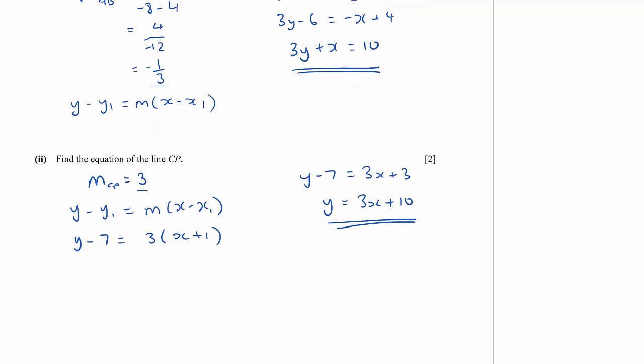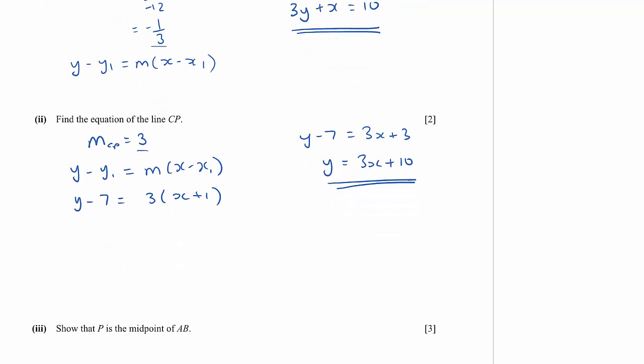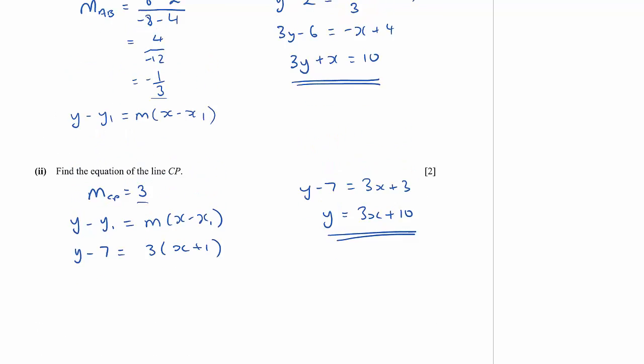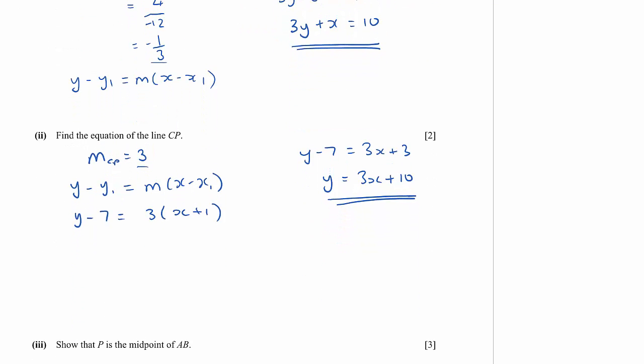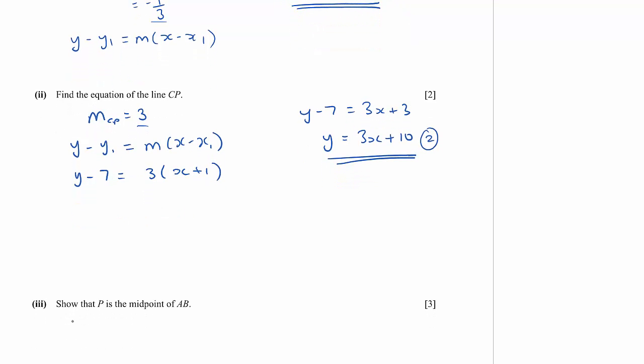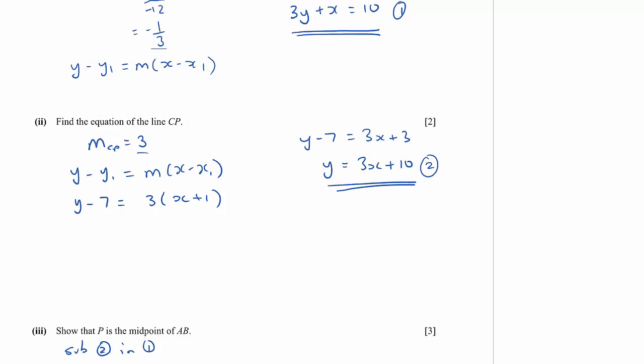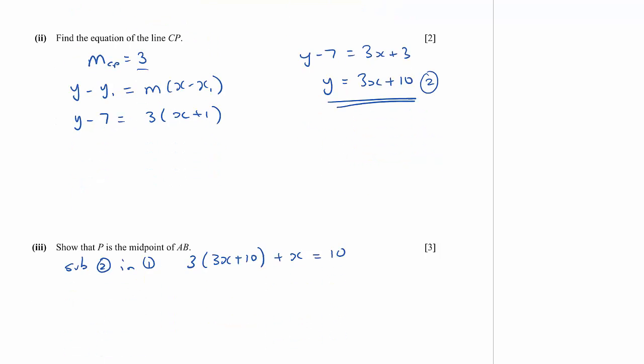So we want to show that P is the midpoint of AB, and at the moment we don't know the coordinates of P, but we do know that it's where these two intersect. So if we call that 1 and call this 2, and do sub 2 in 1, that means we get 3y becomes 3x plus 10, plus x is equal to 10.